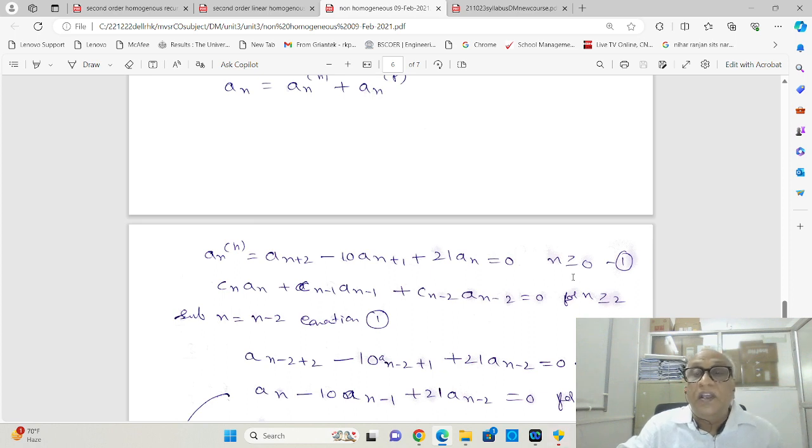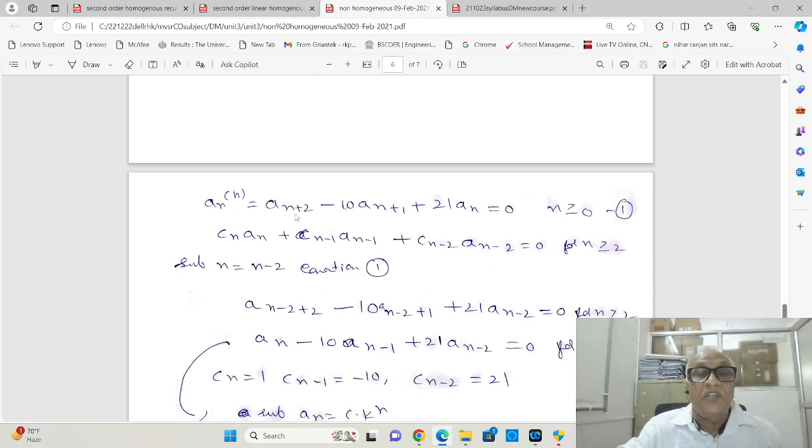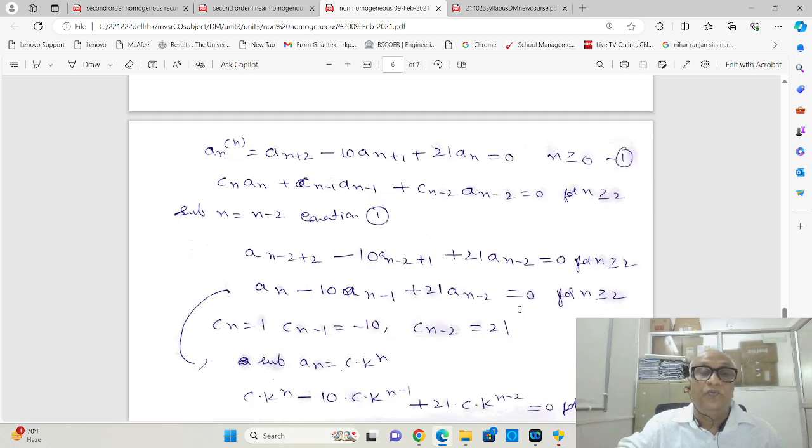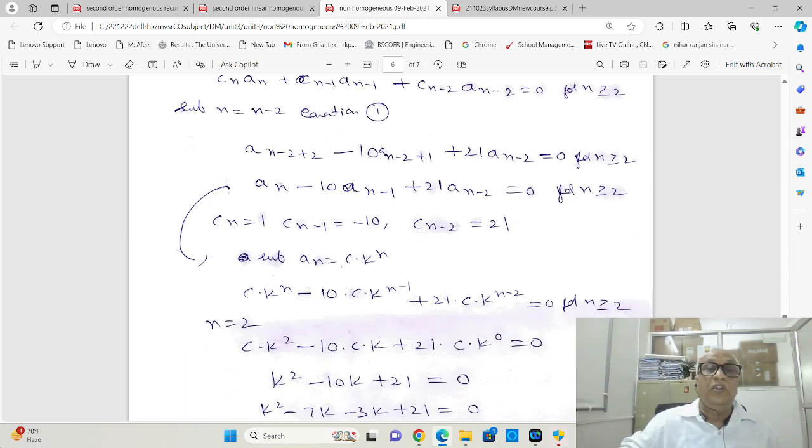As here it is n greater than or equal to 0, we substitute n with n minus 2. That becomes an minus 10 an minus 1 plus 21 an minus 2 equal to 0. Here cn is 1, cn minus 1 is minus 10, cn minus 2 is 21.